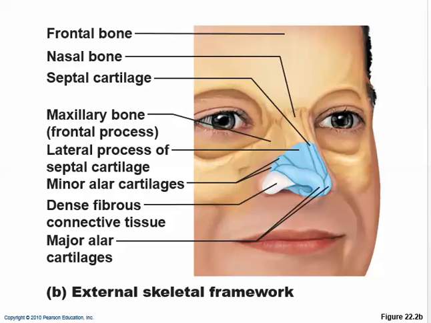Hyaline cartilage is not as flexible as that dense connective tissue, so it's why the apex of your nose is fairly rigid, and the ala that go over the nostrils is more flexible. Ala, by the way, means wing, so we'll see the word ala a number of times in a number of different systems.